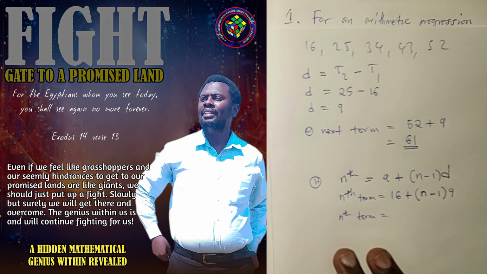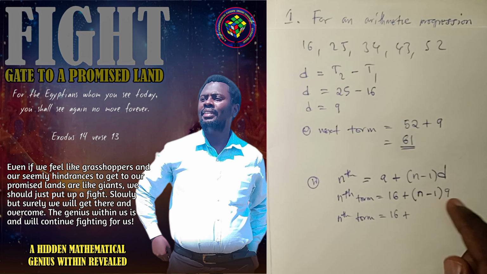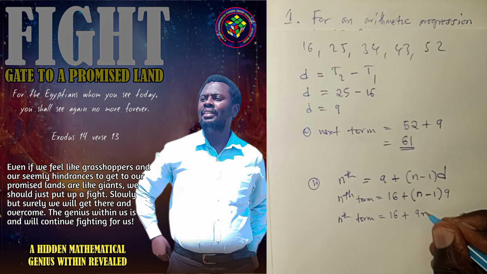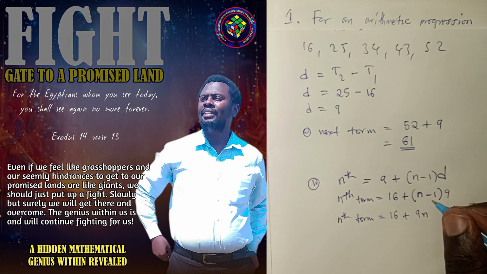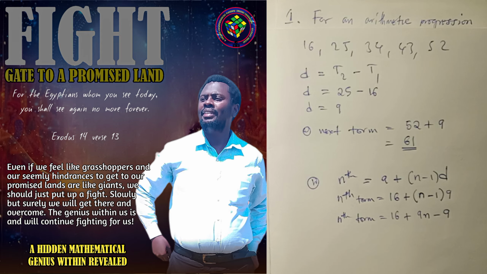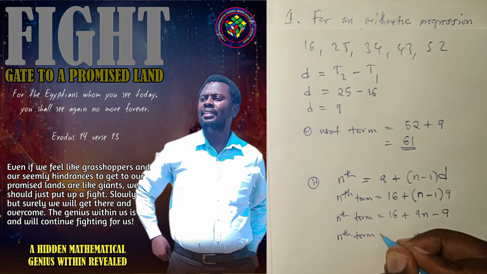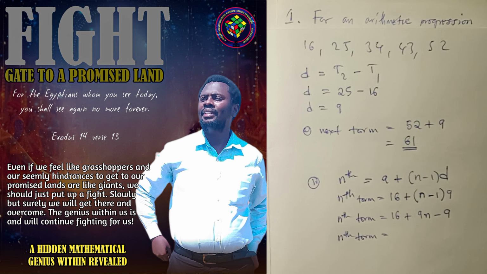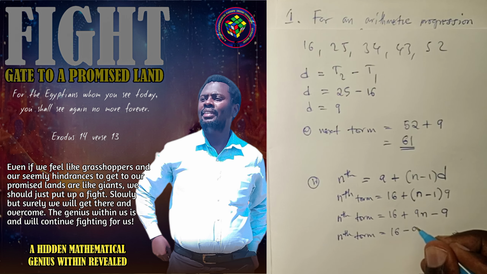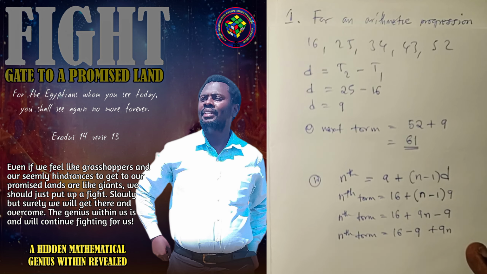So the nth term is equal to 16 plus, then you expand this: 9 multiplied by n, you get 9n. 9 multiplied by minus 1, you get minus 9. Then you rearrange the terms. 16 will go with minus 9, so we have 16 minus 9 plus 9n.